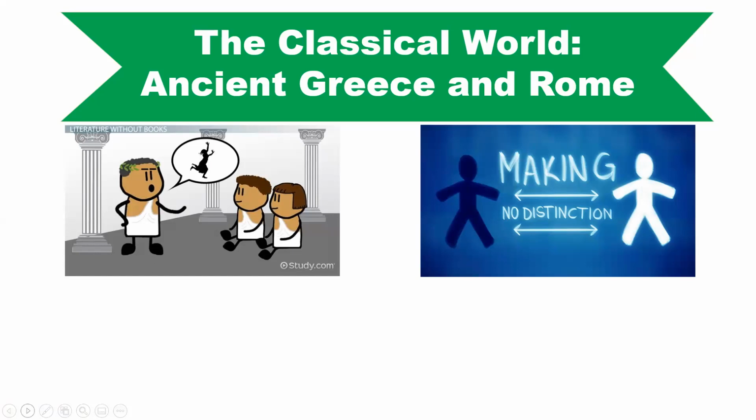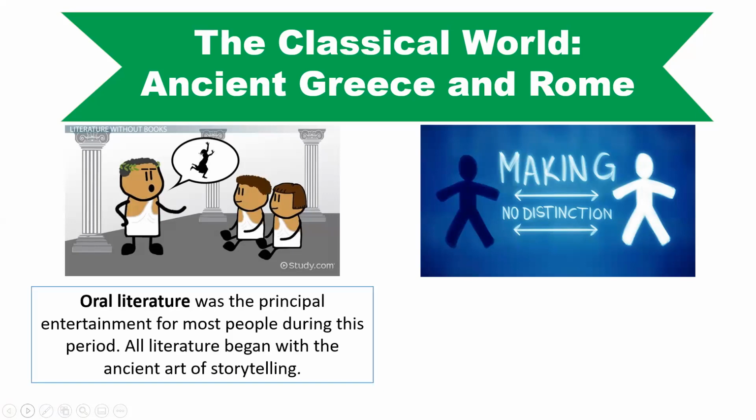Okay, and what is the literature intended for the adults, intended for everyone, are also the literatures provided to the children. And these literatures are through the word of mouth. So that's what we call oral literature. So it is the principal entertainment for most people during this period.